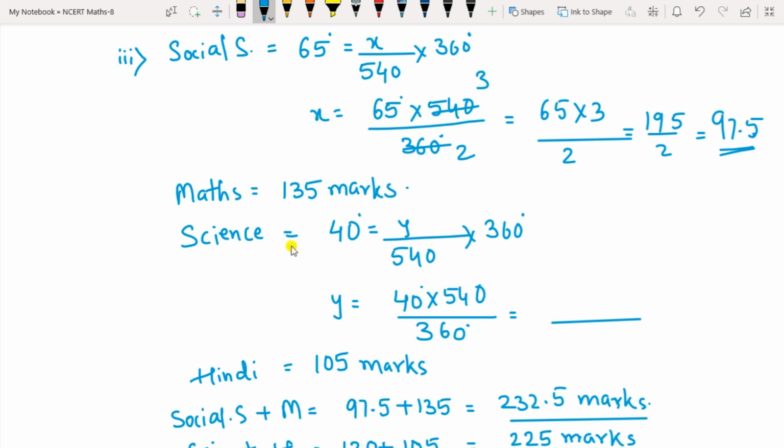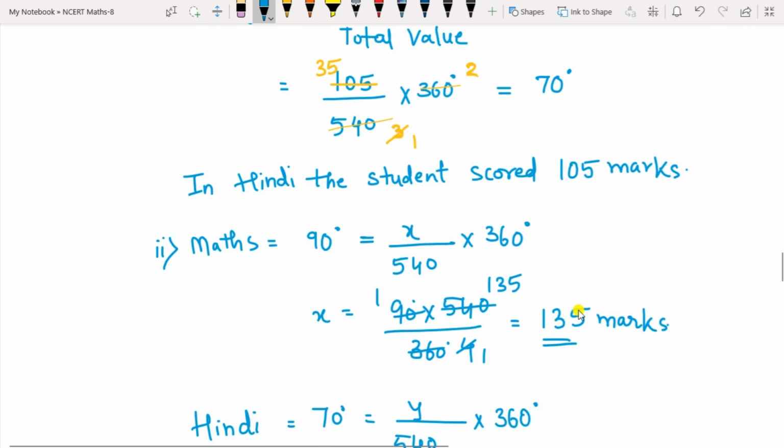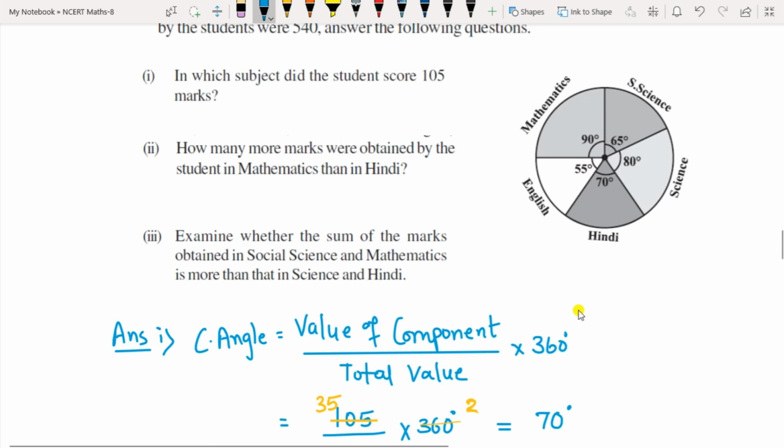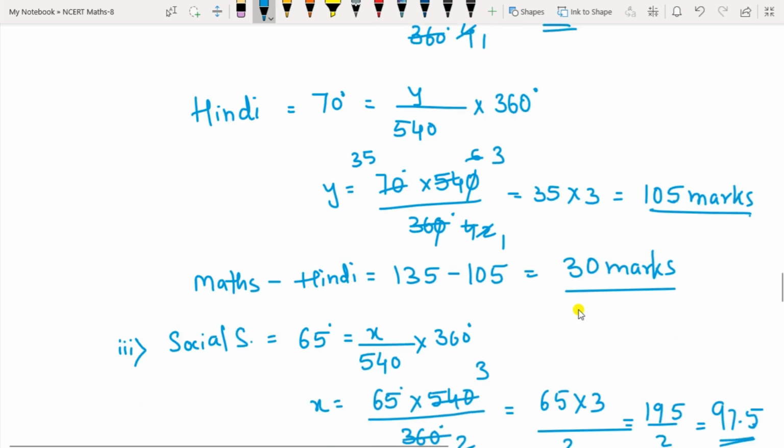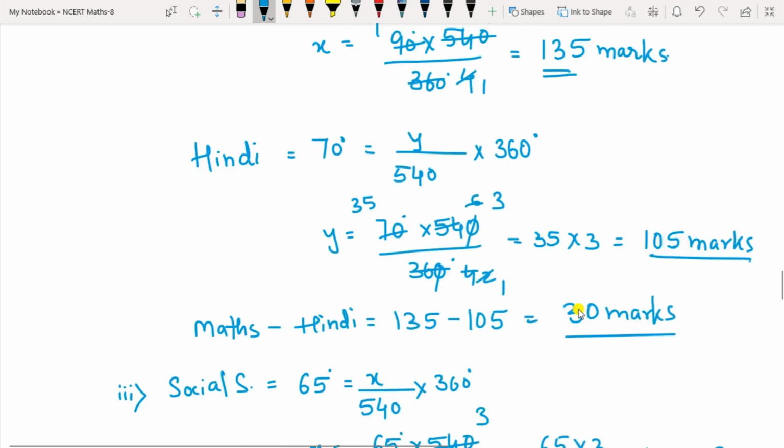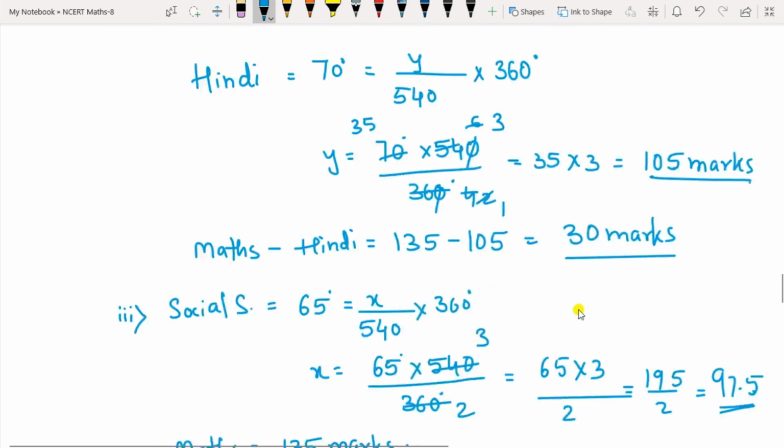Maths we did earlier. Science 40 degrees and y upon 540 into 360. So y will be equal to... Sorry, I made a mistake here.